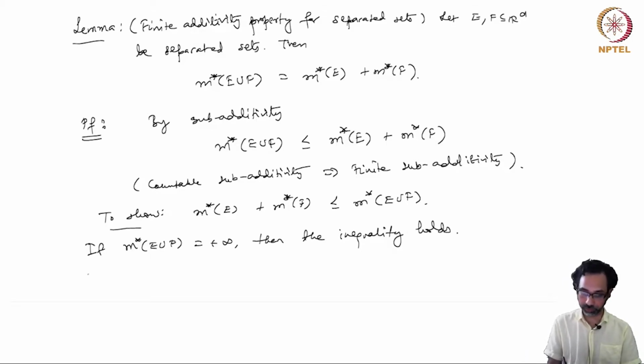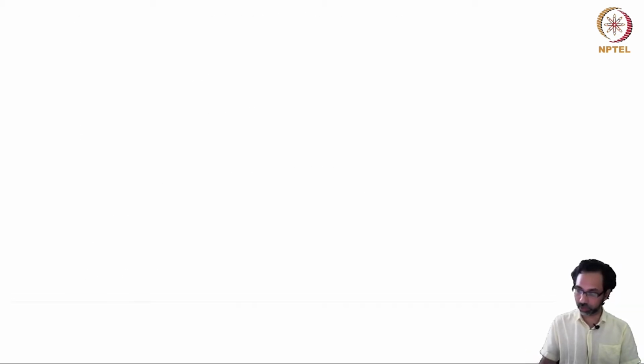and so suppose that m star of E union F is finite. Now I am going to again use the infimum definition of the Lebesgue outer measure.